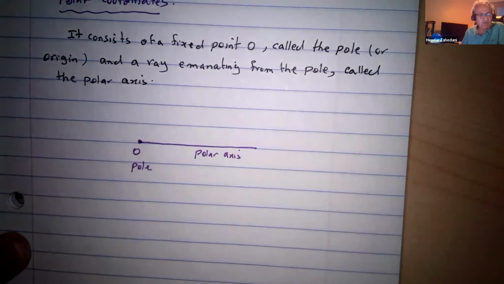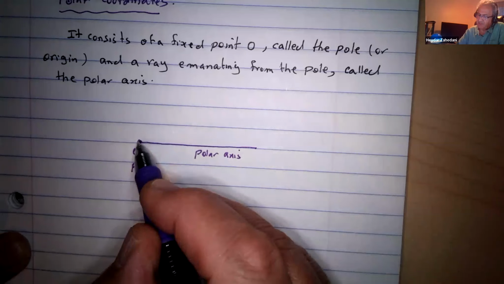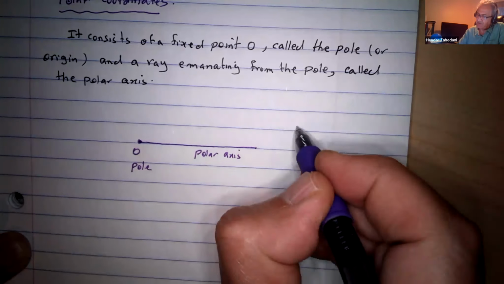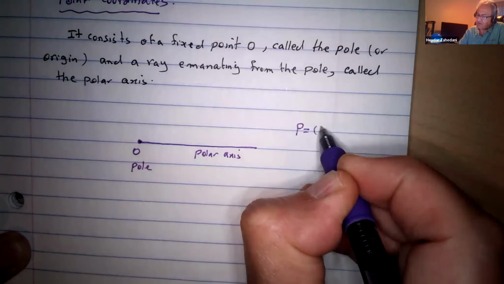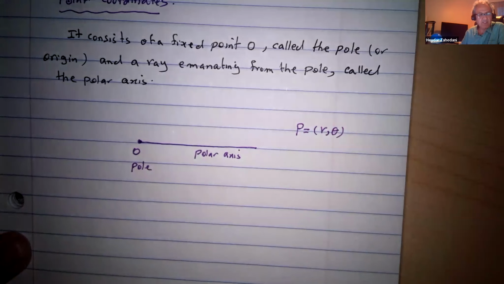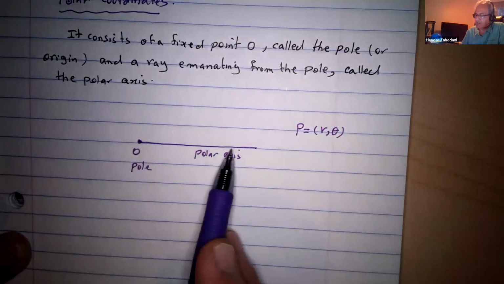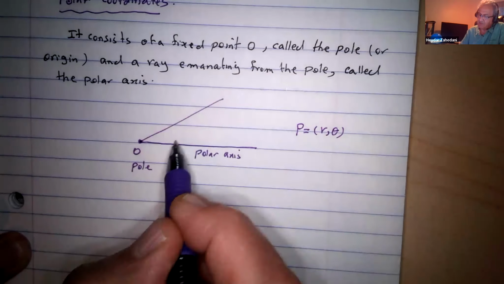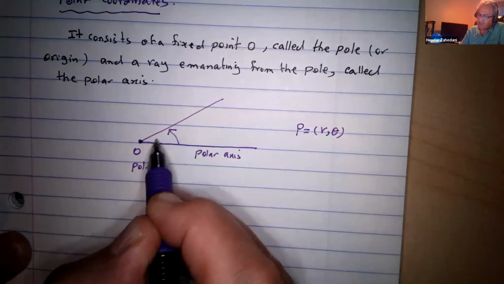Now, how are we going to identify a point over here? The point would be identified by an angle. If you are given a point P, your point P would be denoted by R and theta. You start from here and you pick the angle theta. So this is going to be the angle theta.